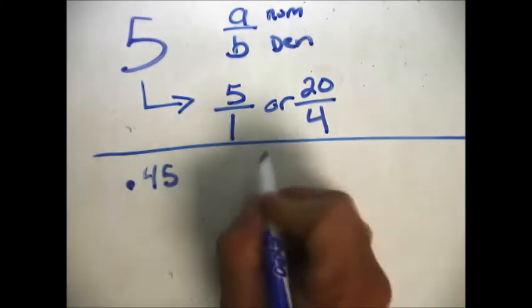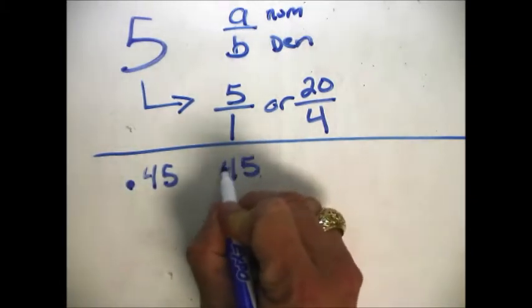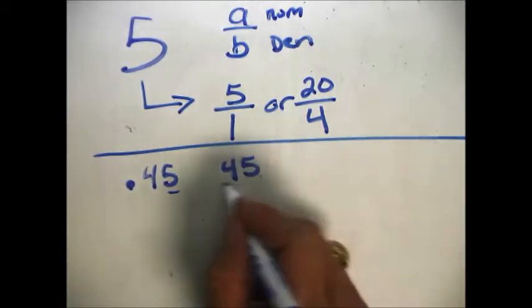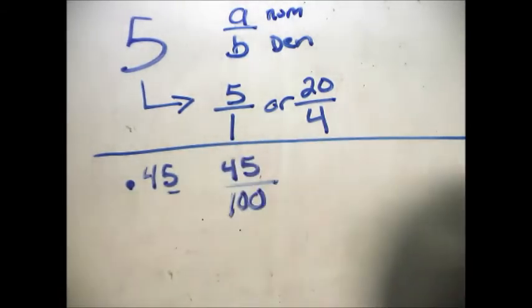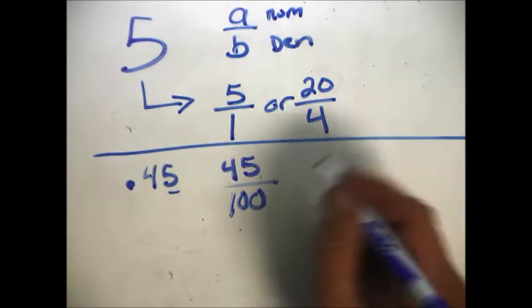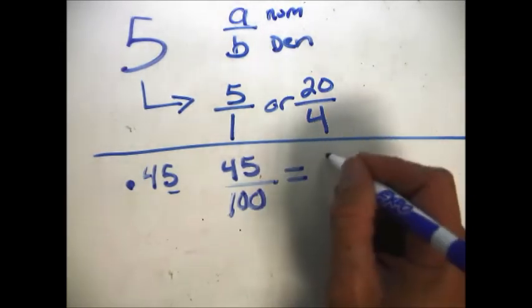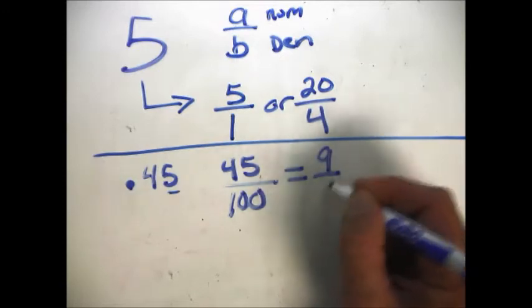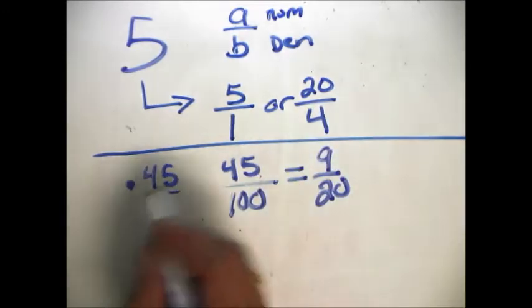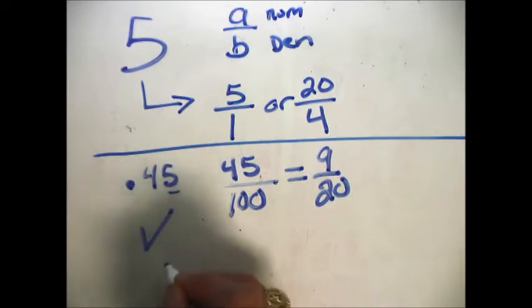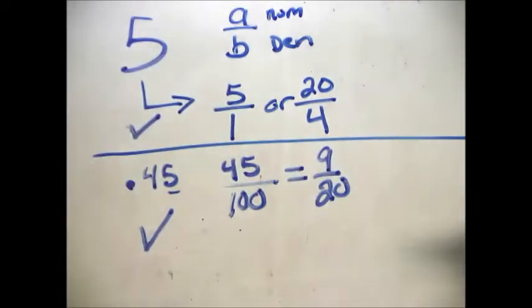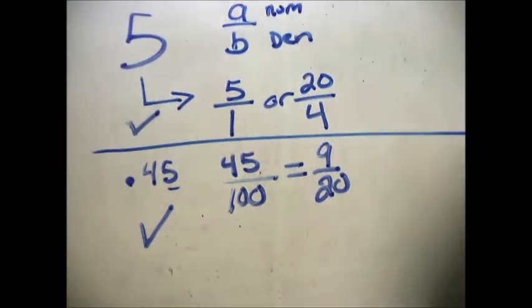You write 45, and then you tell me the place value of the last digit. So that is going to be 100. 45 over 100. Of course, I could simplify that by dividing both numerator and denominator by 5, and I get 9/20. So this also is a rational number, just like number 5. There's two examples.